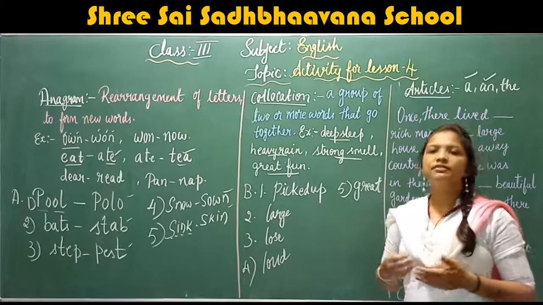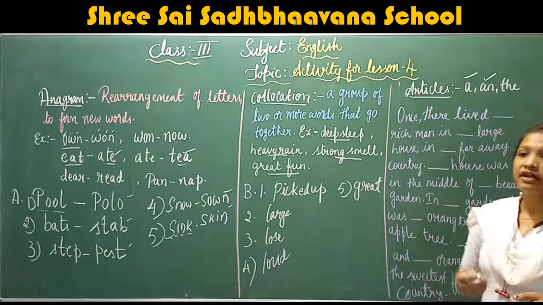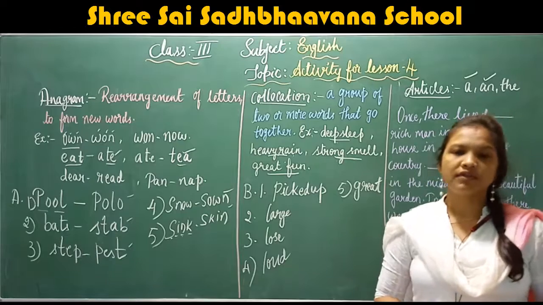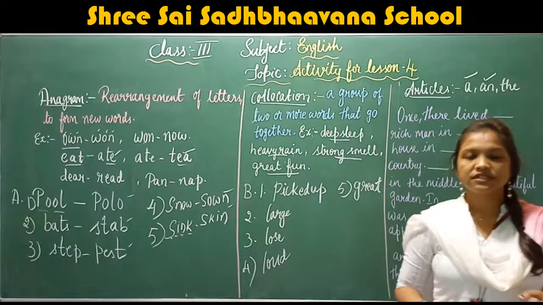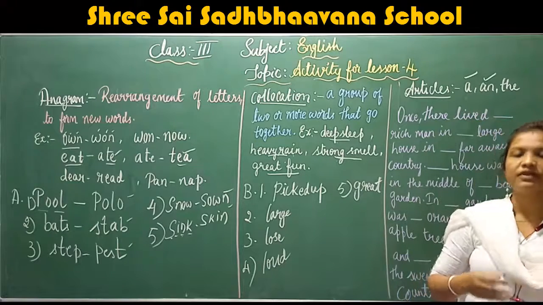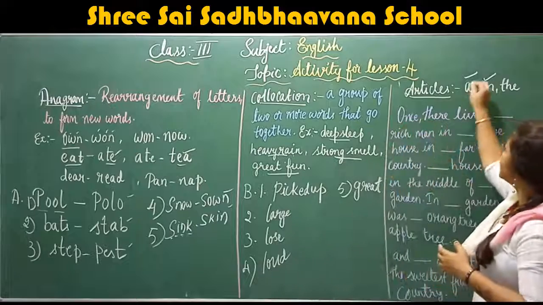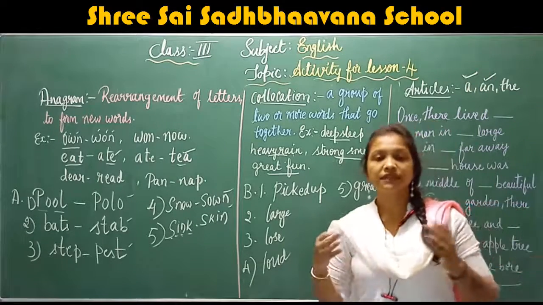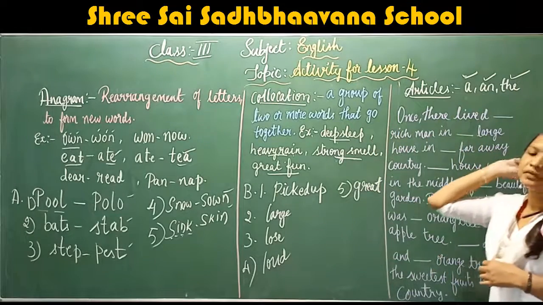Okay, now the article the is used when we are specifically talking about something, and the is used for the second time. So when we use a word for the first time, we use a. And when the same word is used for the second time, we use the article the.